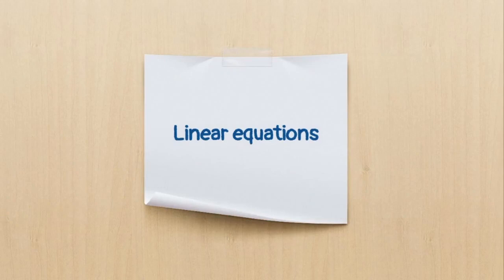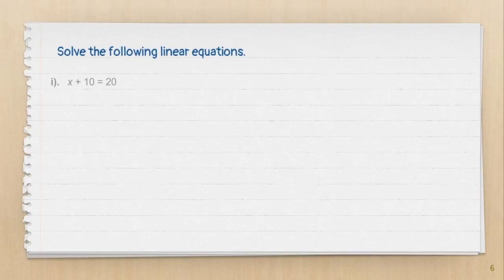Get the first equation. It's x plus 10 equal to 20. So, we have to find the value of x. To do that, we have to make x the subject. Subject means we should isolate this x on the left side. To do that, I have to remove this plus 10 from the left side.